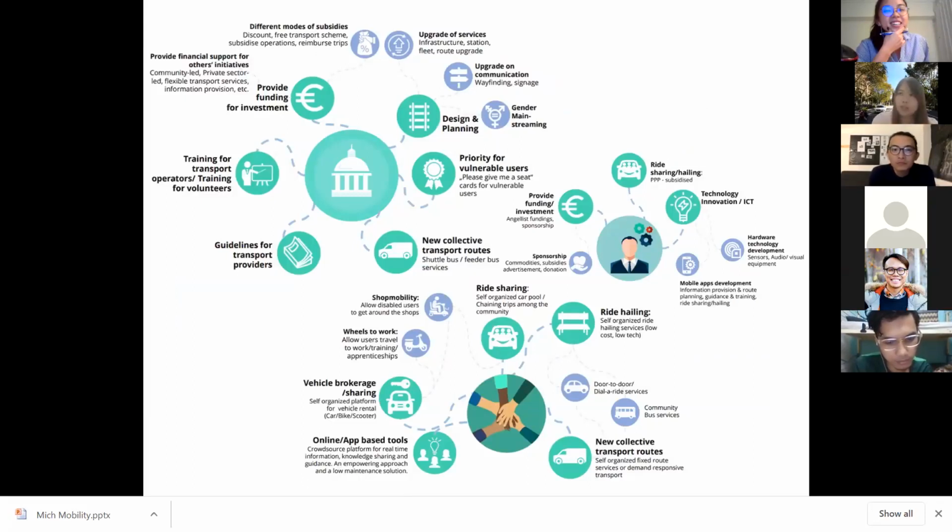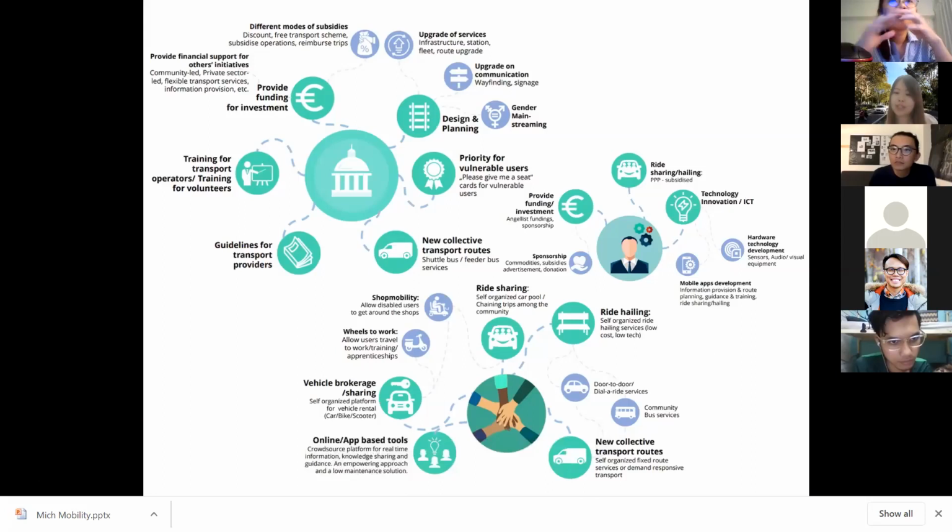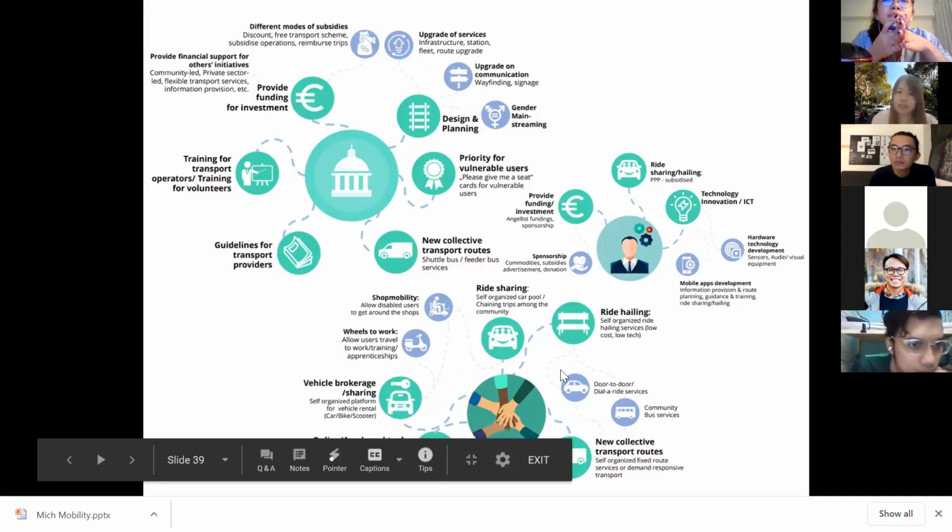So we also need to think of, let's say, a startup owner from the private sector who wants to start some business, and comes across this, so he could know what he could provide. And also for community leaders who want to improve the mobility situation in their region, they can also access this menu of solutions.